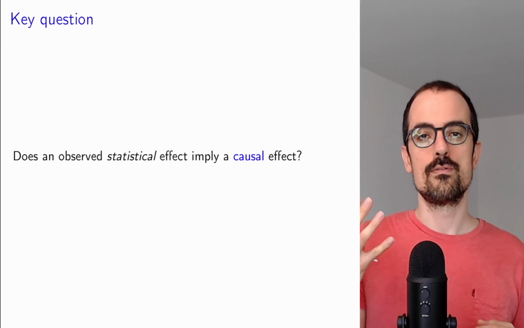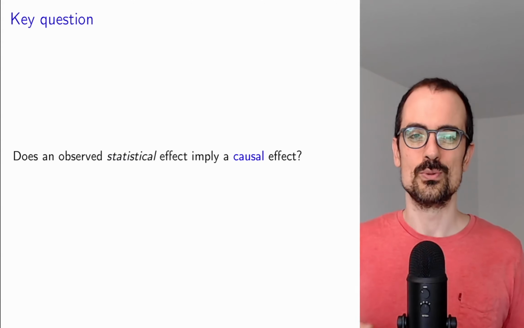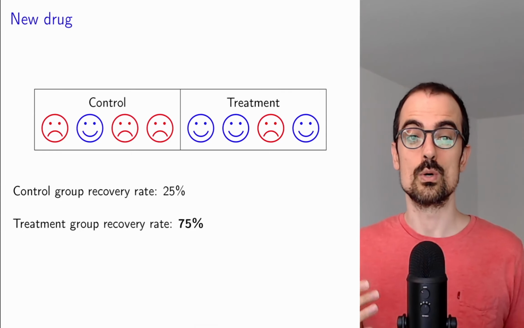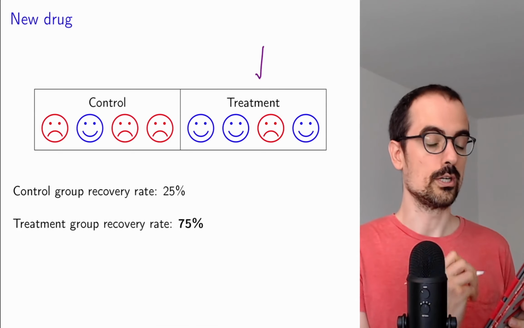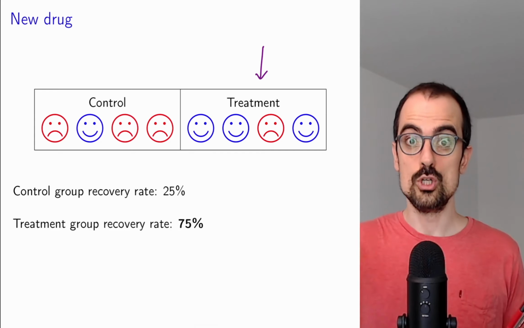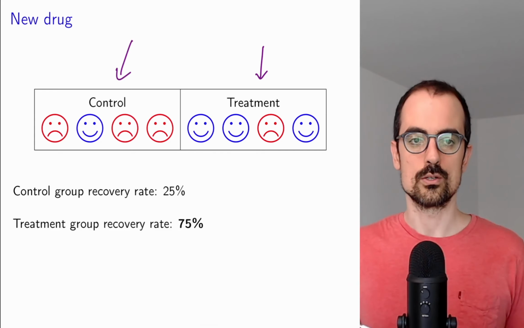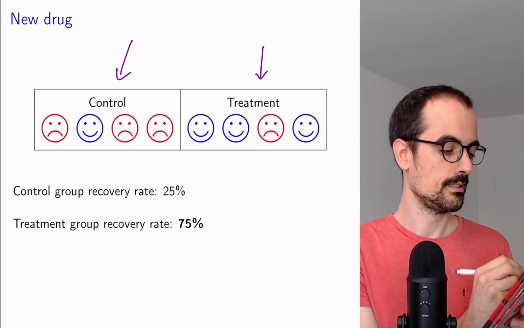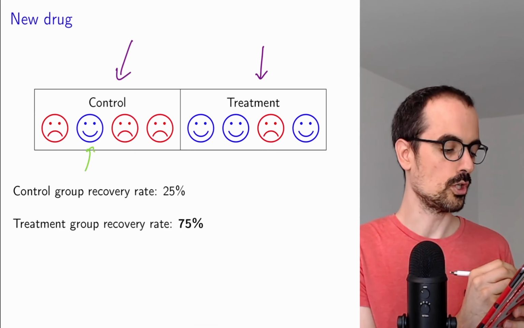We're going to use 4 running examples to explore this question. In the first example, we have a new drug that we want to evaluate. We give the drug to a group of people that we call the treatment group, and we give a placebo to another group that we call the control group. Some of these people recover. These are the happy blue faces, and some of them do not recover.